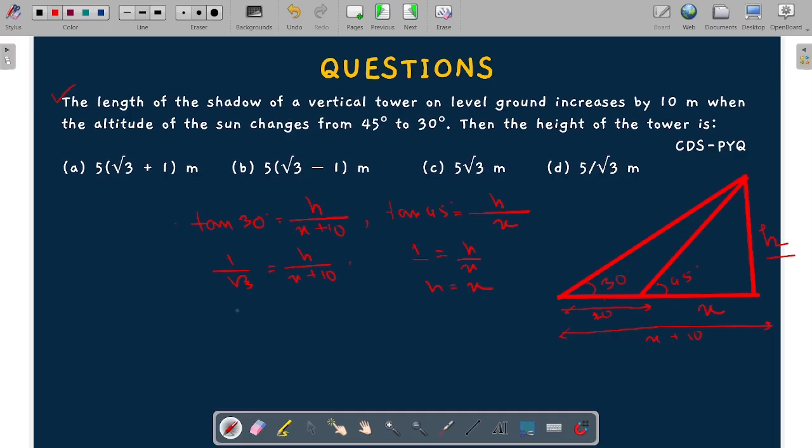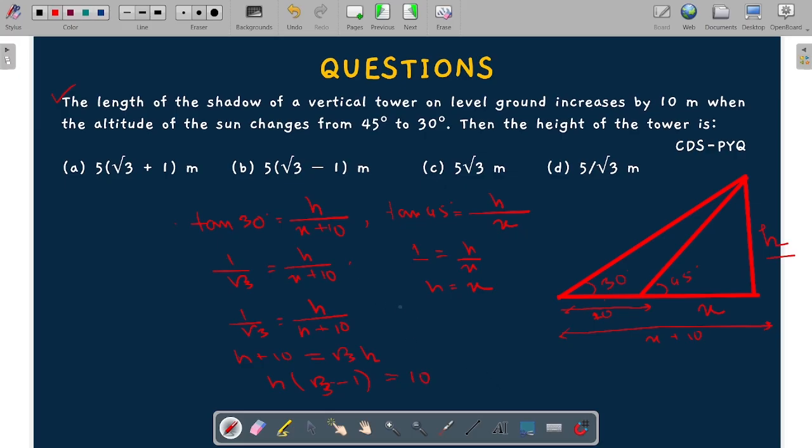Now substitute the value of x. x will be h and this is 10. So cross multiplication: h plus 10 equals root 3 h. Then h taken common, h times root 3 minus 1 equals 10.